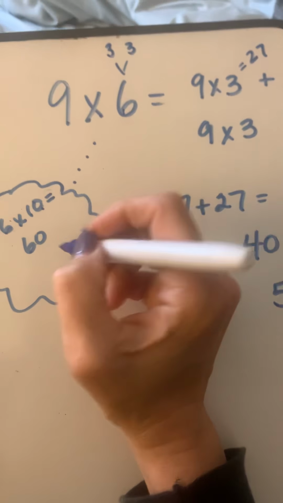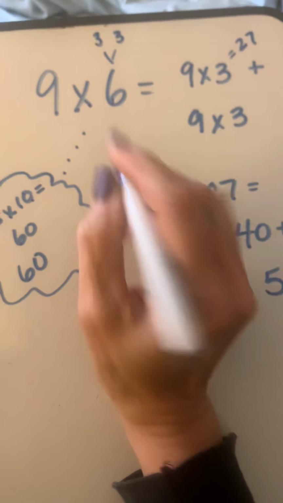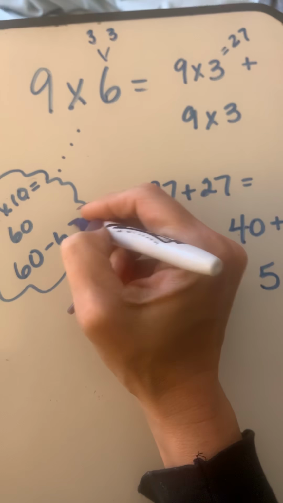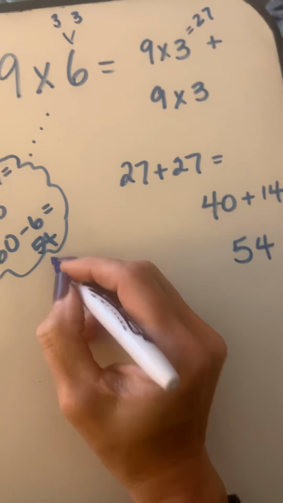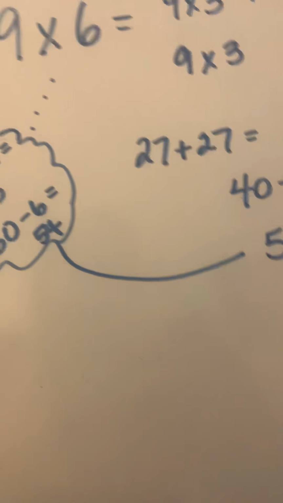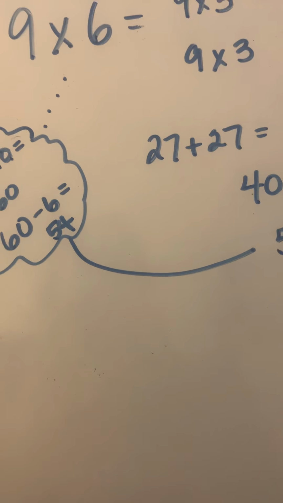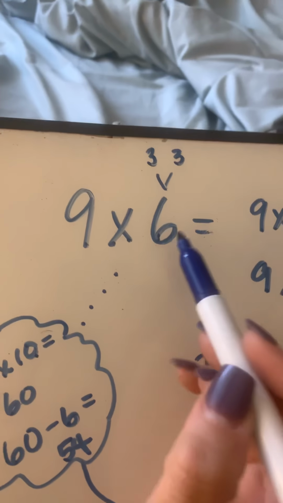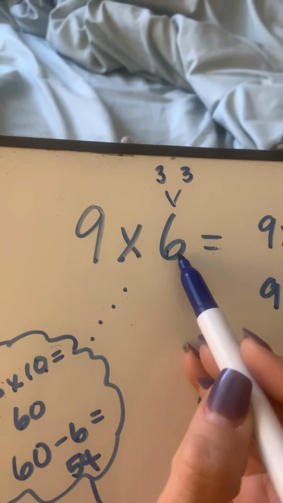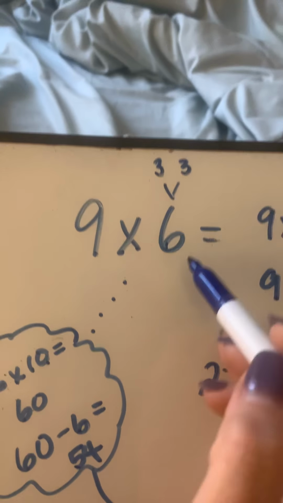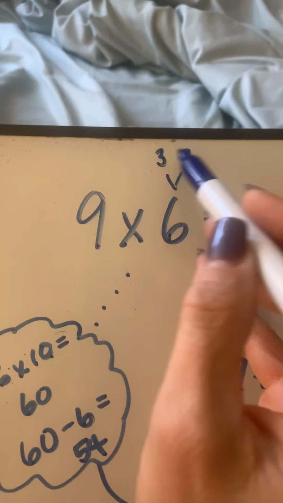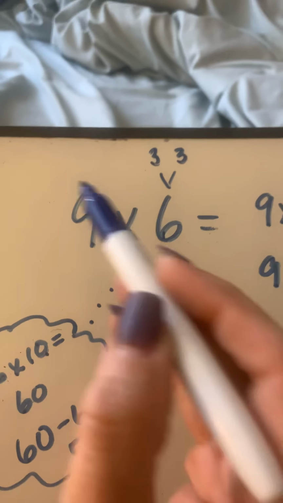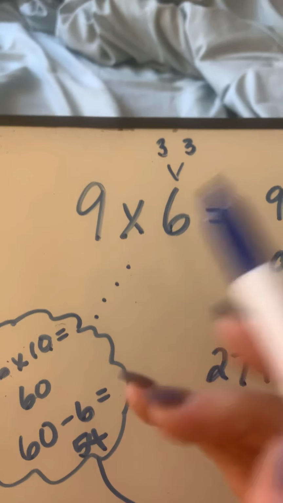So if it's only 9 groups, I would then have to take a group of 6 away. 54. Okay. So the point is, you can break this up. I chose to break this one up because it was an even number and it would break evenly. If there's something that makes you comfortable about breaking that one up, go ahead.